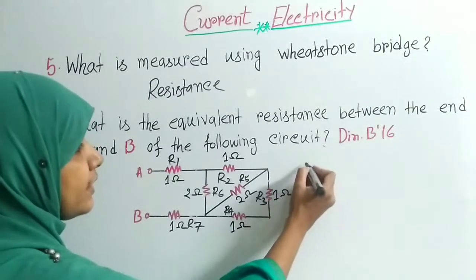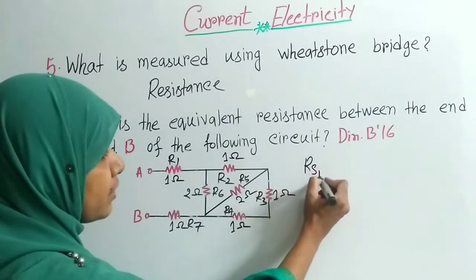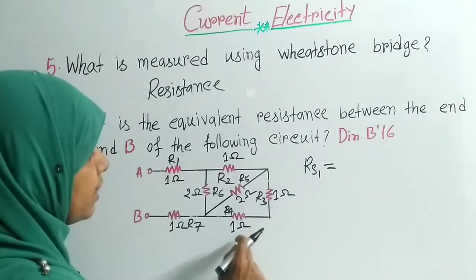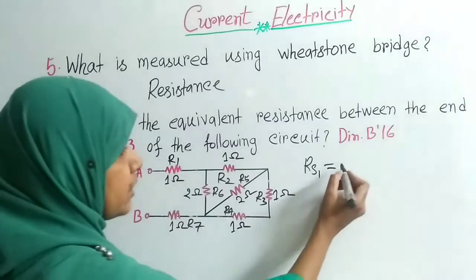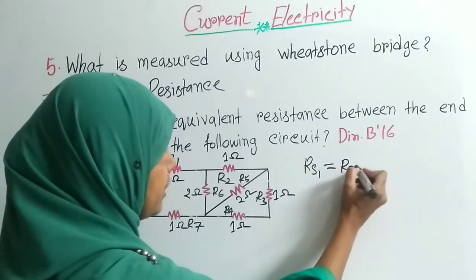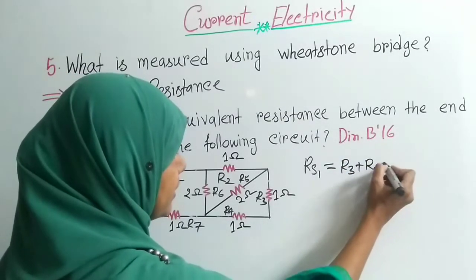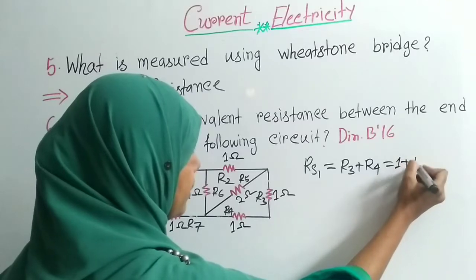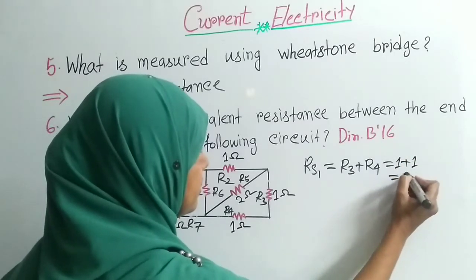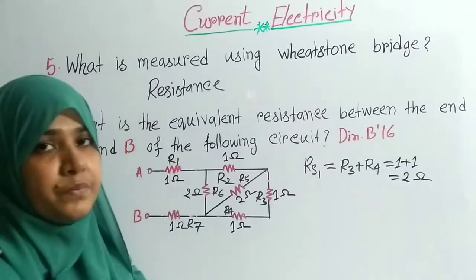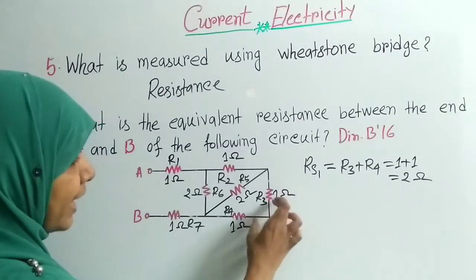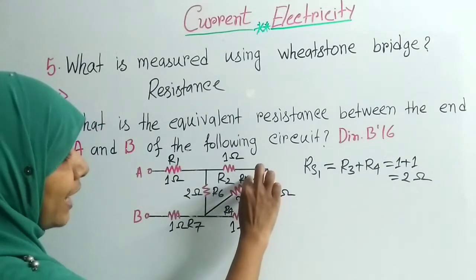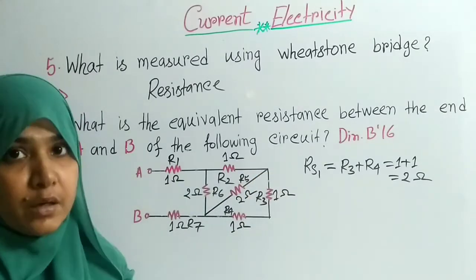So we can write that Rs1 is equal to R3 plus R4, where the value of R3 is 1 and R4 is 1. That is 1 plus 1, which is 2 ohm. Now you can see that this Rs1 is combined with the R5 resistance in parallel combination.